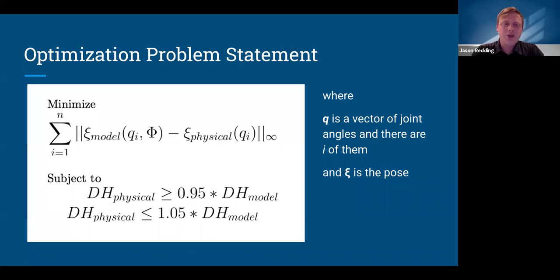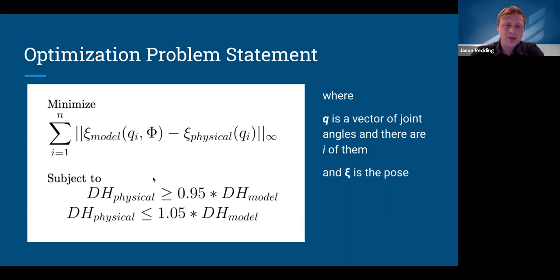In order to solve this problem using optimization, we have set up the mathematical representation. We want to minimize the error between the pose of our model and the actual pose of a physical robot across a number of different joint angle sets.